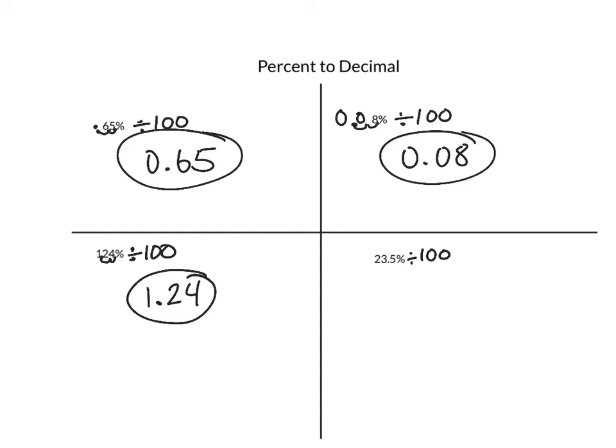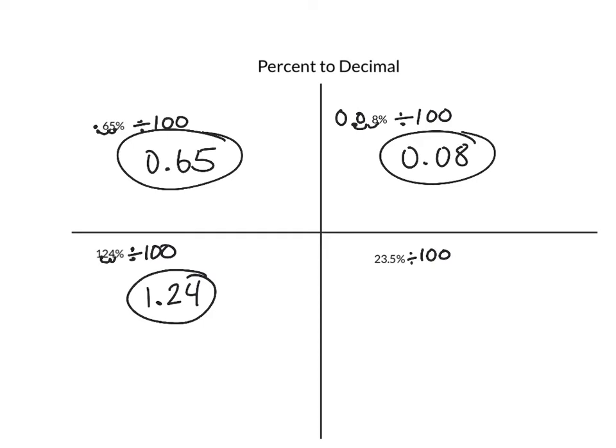And then finally, we have 23.5%. Now, some students look at that and say, that's already in decimal form. It's not. It's just that it's a percent that has a decimal. It's not in decimal form. It's still in percent form. So we need to still divide by 100 to get it out of percent form. How do we tell it's in percent form? Because it has a percent sign.